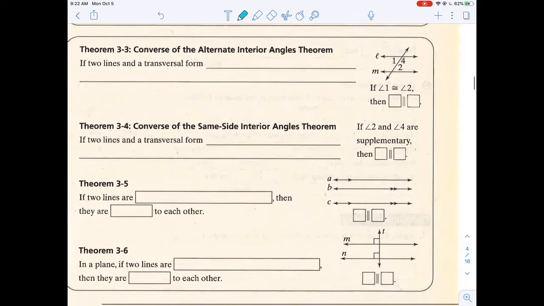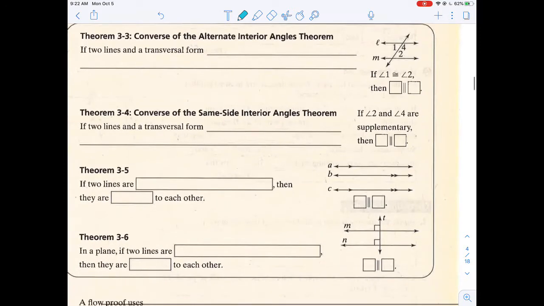Okay, theorem 3.3, converse of the alternate interior angles theorem. So kind of like the converse of the corresponding angles. Alternate interior angles said if we know two lines are parallel, then we know that the alternate interior angles are congruent.